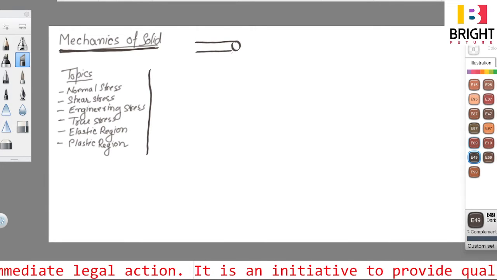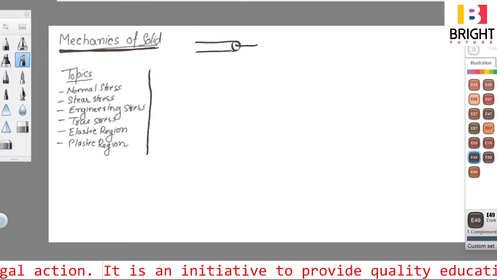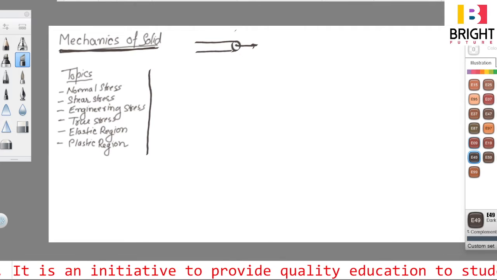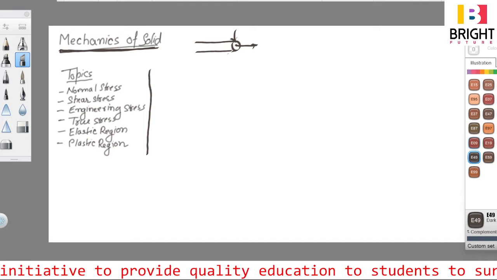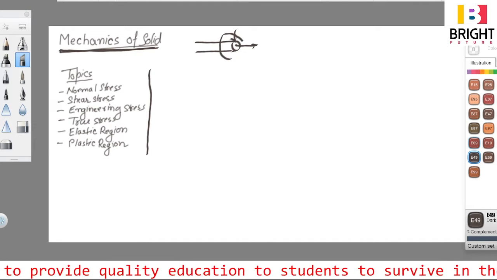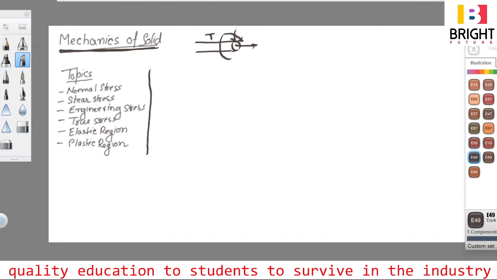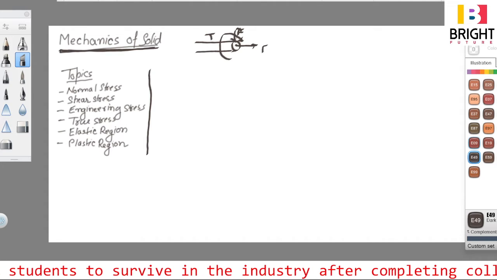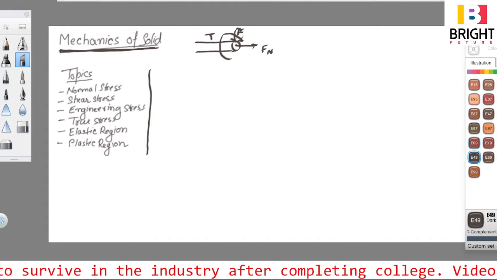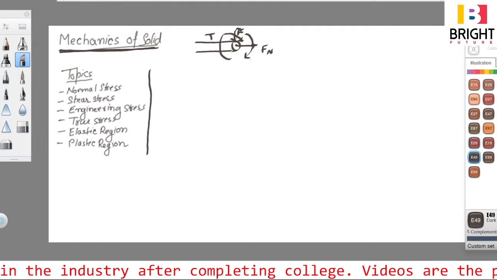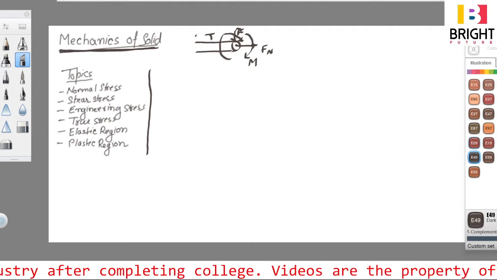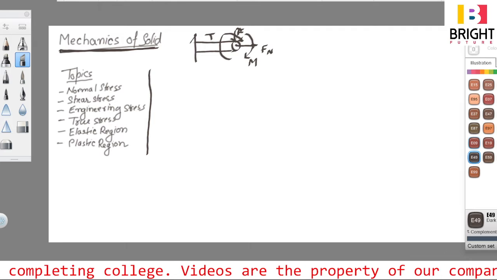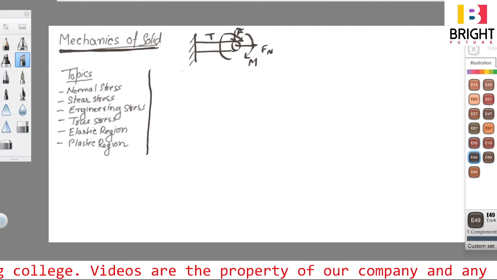Let us say this is our beam, and a normal force is applied over here. After that, a bending moment is applied, and after that, a torque is also applied. This is torque T, this is bending force F, this is the normal force N, and a bending moment M is also applied. So there are many kinds of forces applied on this particular element.